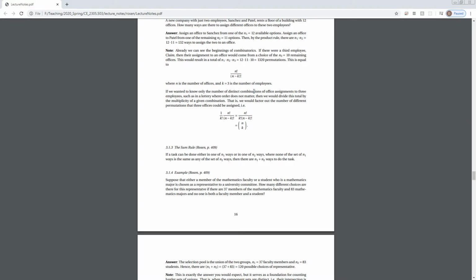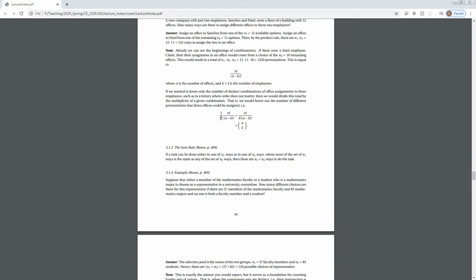We're looking for the number of combinations that result in equivalent selection, right? So in that case, we would remove each of the k factorial permutations, or different arrangements of the same set of, in this case, 3 offices, right?